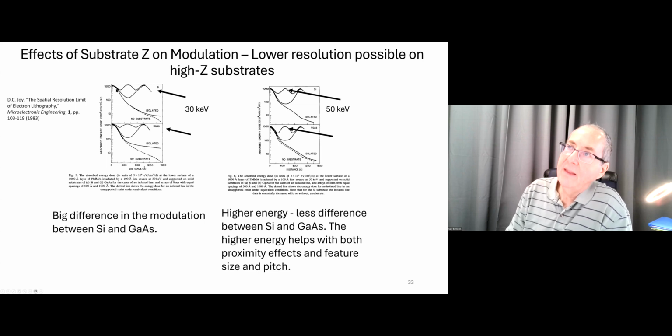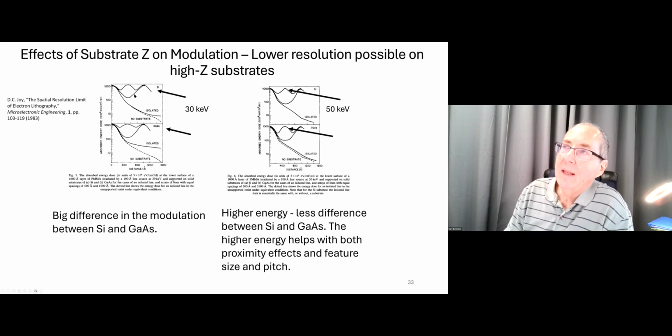And because they communicate with each other through backscattered electrons, the dose will be raised up. This is on silicon, this is on gallium arsenide. And that's tolerable, and you could develop these out. There's a fair amount of difference between these doses, and if you have a high contrast developer, you can get away with it.